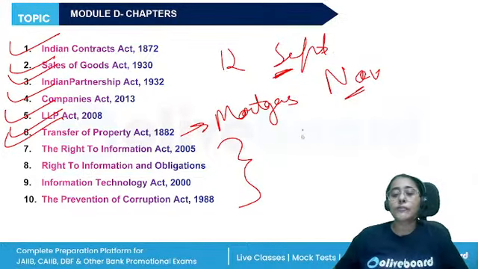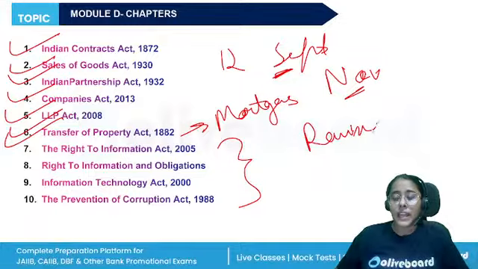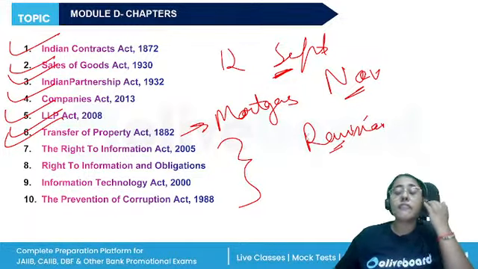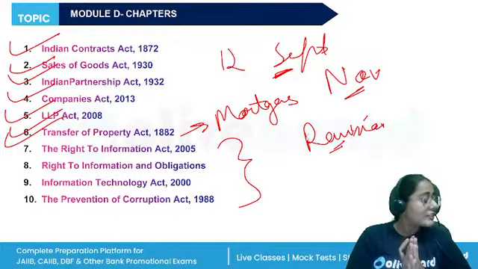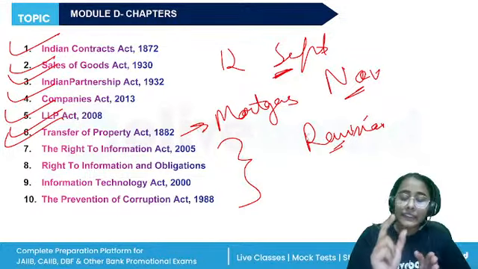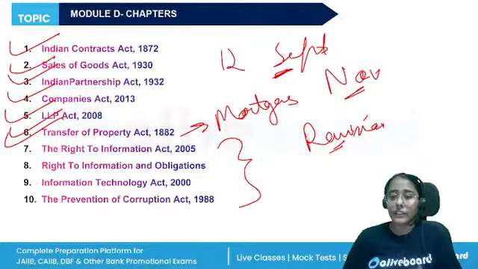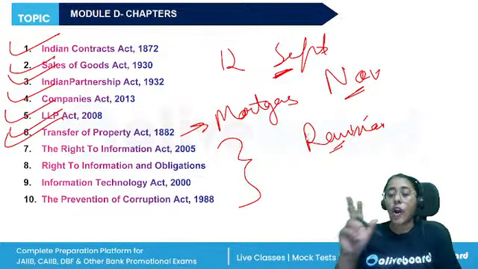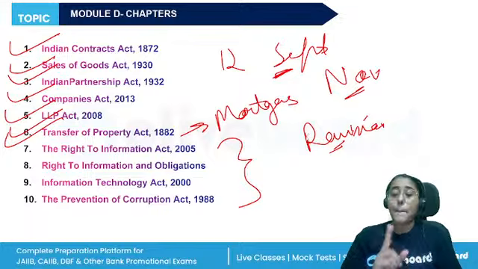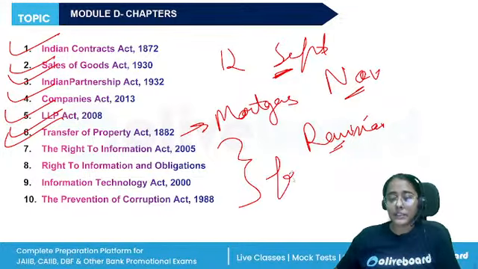Crash course is for your revision, right? So if and once you have completed your whole syllabus, you have a strong foundation, then this crash course will be for your revision. We'll be revising the whole syllabus. All the units will be covered, but in a fast manner, in a concise manner, right?